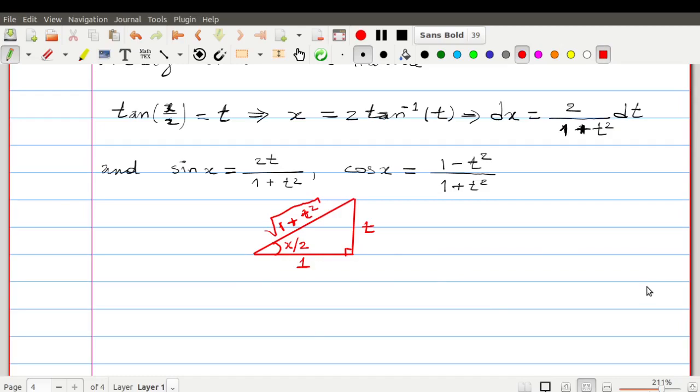So we are going to look at some examples on how to use these various substitutions, replace sine and cosine by these values, and use this at the end to go back to the original variables. So examples.